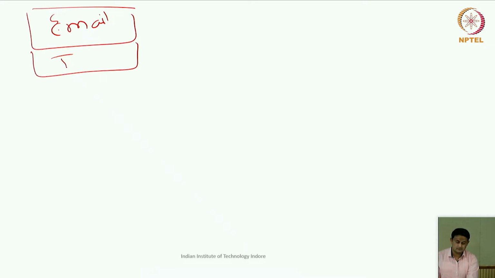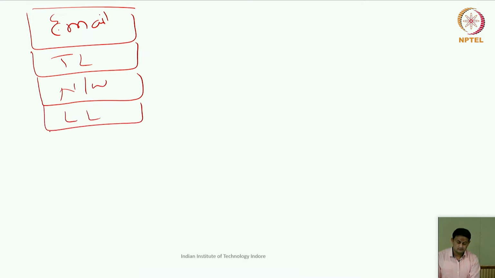Just to recap your memory and give some context, in the previous lecture we saw email as one application. You can think of this as the application layer, and below that you have the transport layer, the network layer, the link layer, and then the physical layer.